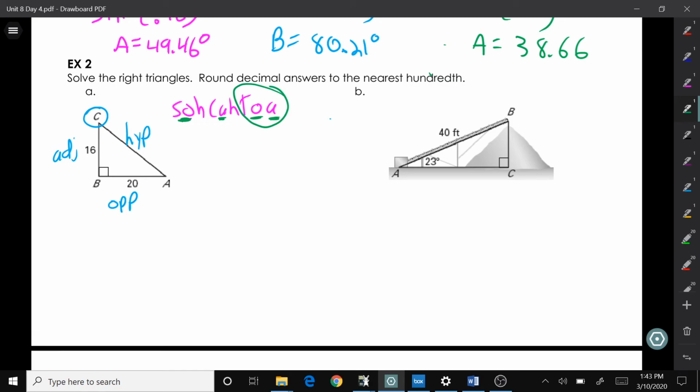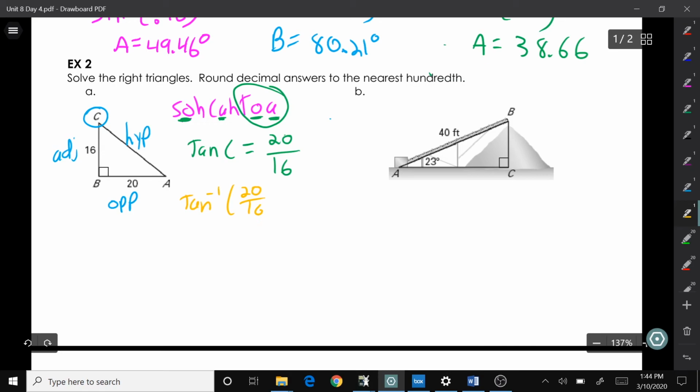Then on the calculator, we don't know what angle C is, so angle C is equal to 20, the opposite side, over 16. To calculate that angle, I'm going to use the inverse tangent of 20 over 16.